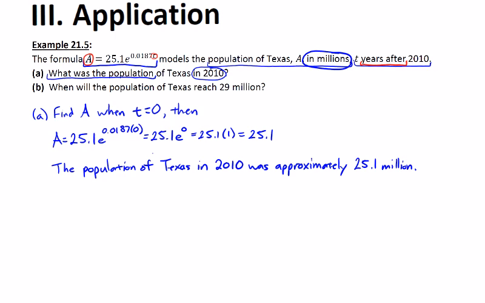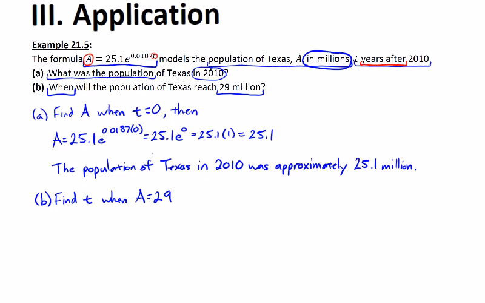So that's part A. And for part B, it says, when will the population of Texas reach 29 million? So now it's asking us to find a value for T when capital A is equal to 29. I know it says 29 million, but we don't have to put in all the extra zeros that go along with that because the model is already set up to work in millions.